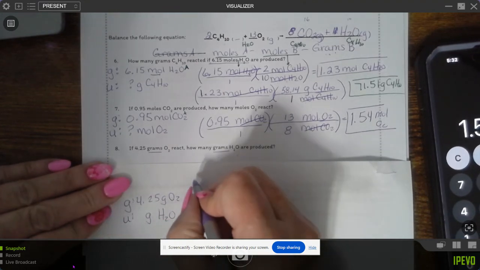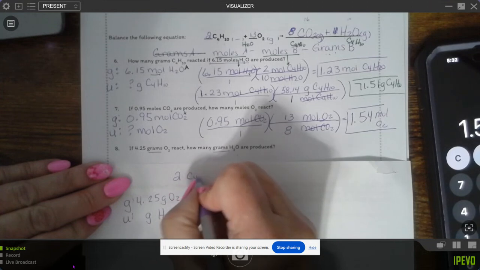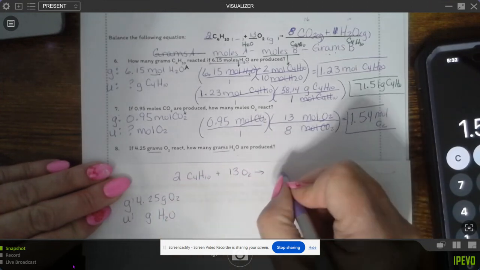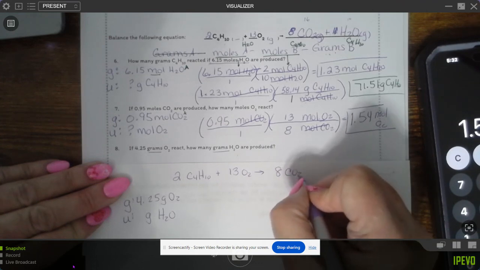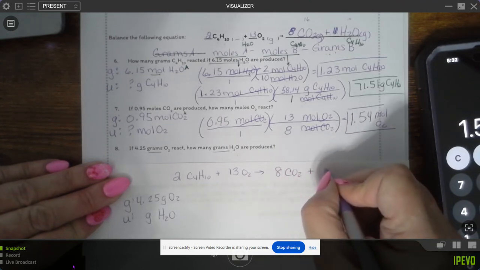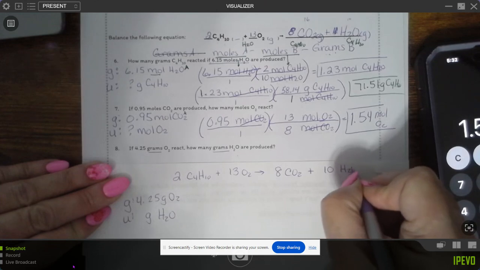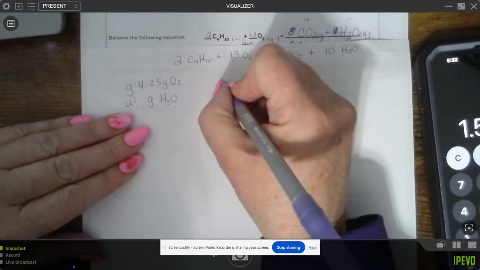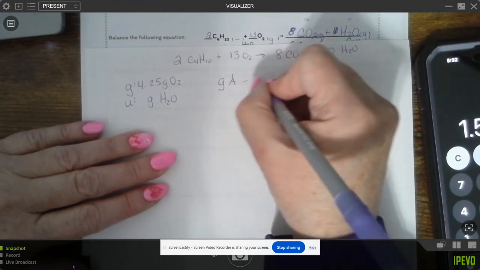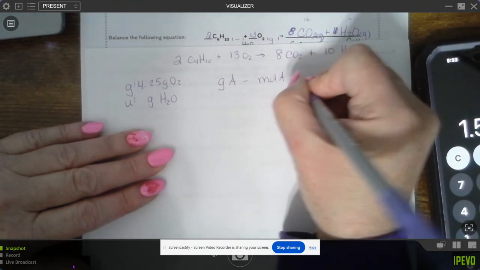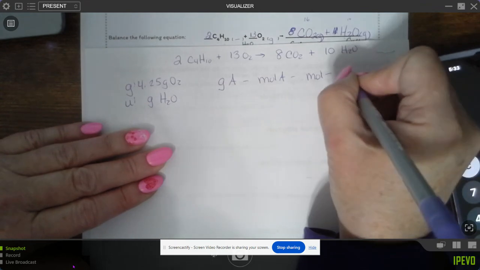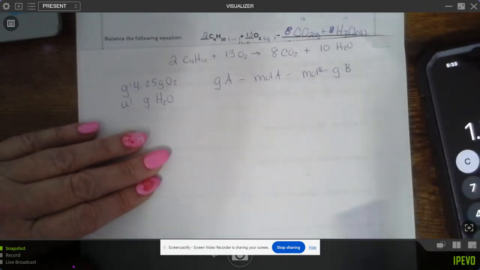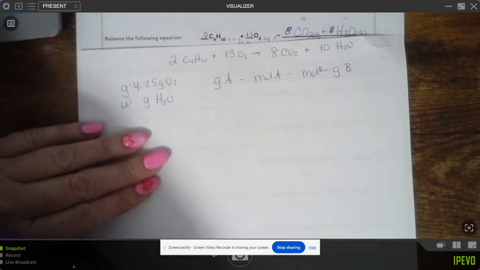So let me write my equation up here again. 2C4H10 plus 13O2 produces 8 carbon dioxide and 10 water. Okay. So, and I'm going to write my mole map here. So I've got grams of A, moles of A, moles of B, grams of B. Okay, whoops, I forgot my B. Okay, now I'm going to fill in.